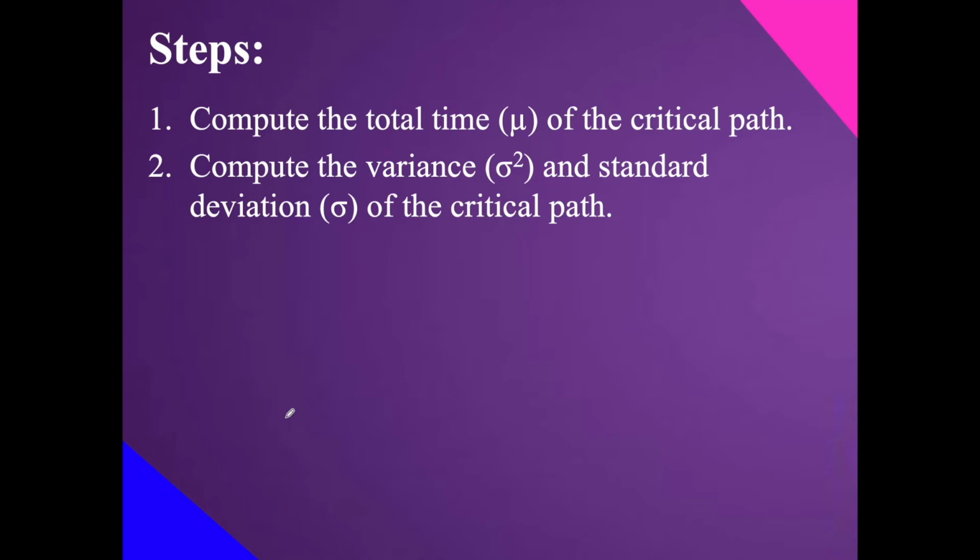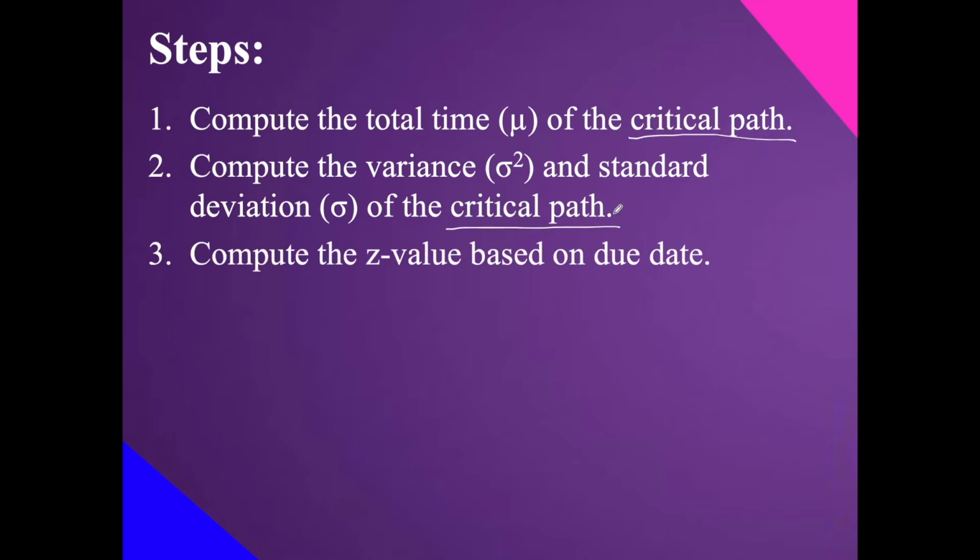Take note, ang pinapakompute hindi lahat ng activities, kundi yung mga activities lang na kasali sa critical path natin. For the third one, compute the z-value based on due date. I hope you're still familiar with the z-value, the standard normal distribution curve, and the table. Again, ang due date nila is 140 days.